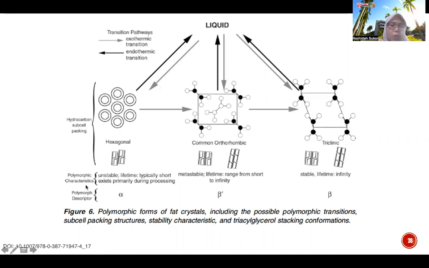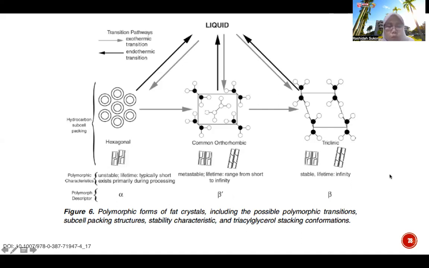Okay, and then polymorph characteristics: alpha is unstable, its lifetime is typically short, and it exists primarily during processing. For beta prime, it is metastable, with a lifetime ranging from short to infinity. And for beta, it is more stable, with a lifetime of infinity.